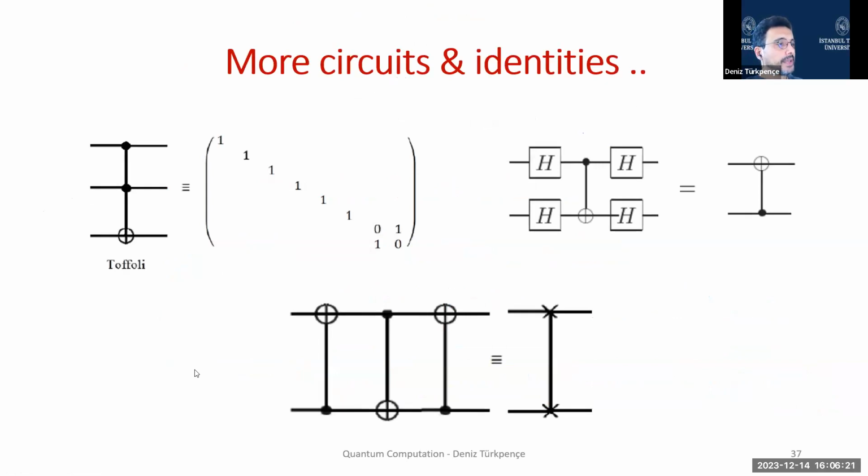Okay. Next, of course, I can have more than 2-qubit controlled gates. So assume that this is a control U gate, and this U gate can be applied to more than 1 qubit. So assume that this is a U gate, and this is a control U gate. And this control U gate can be controlled NOT gate.